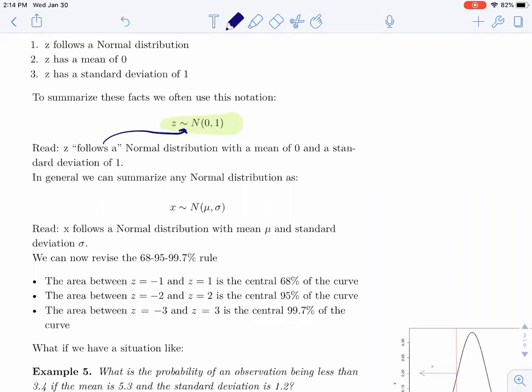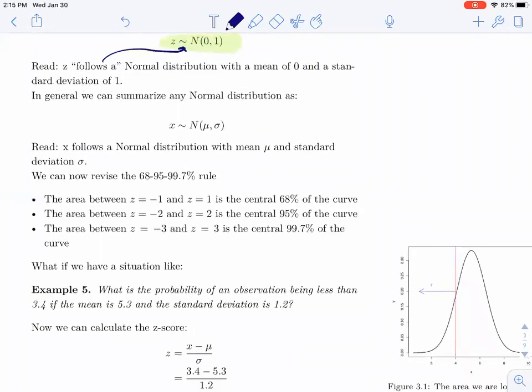So we can revise the 68-95-99.7 rule and apply it just to Z-scores because now it'll be easier to talk about. Between a Z of -1 and 1, you have an area of 0.68 or 68%. Between a Z of -2 and 2, 2 standard deviations, 95%. -3 and 3, 99.7%. It makes it a little bit easier to work with, but also to use.